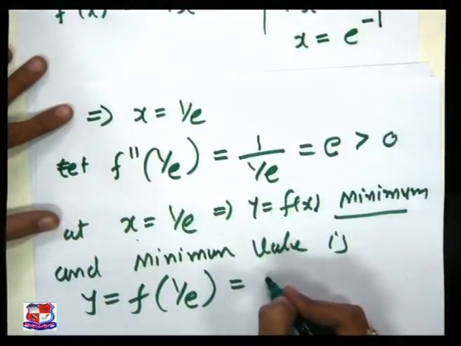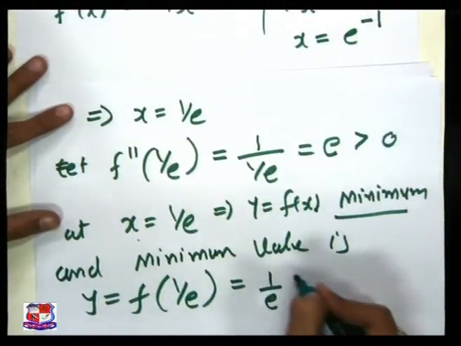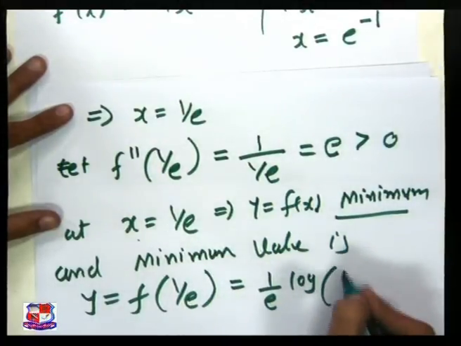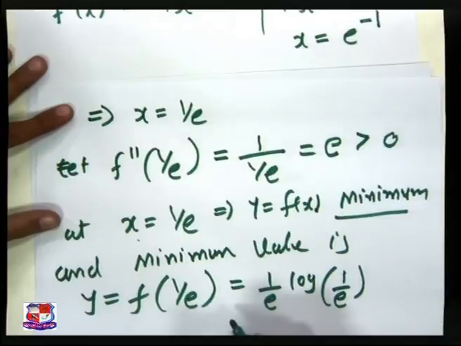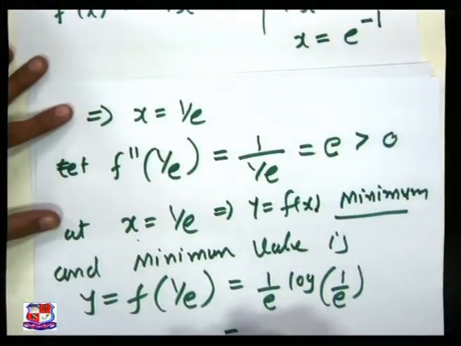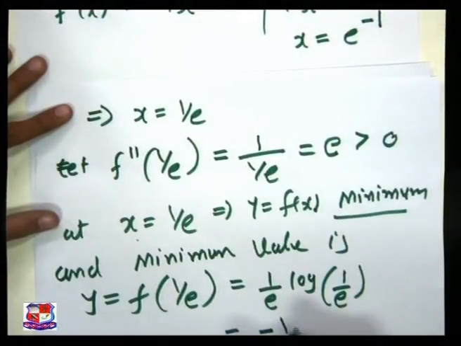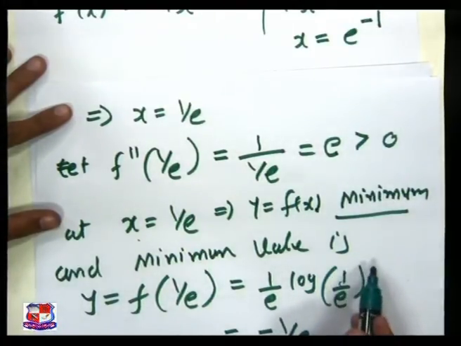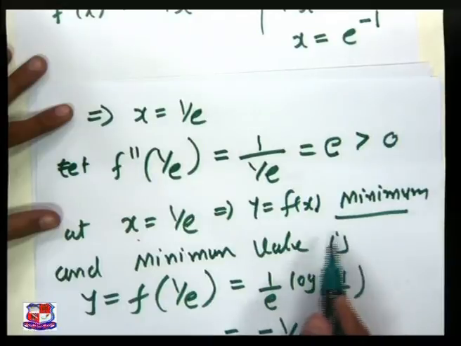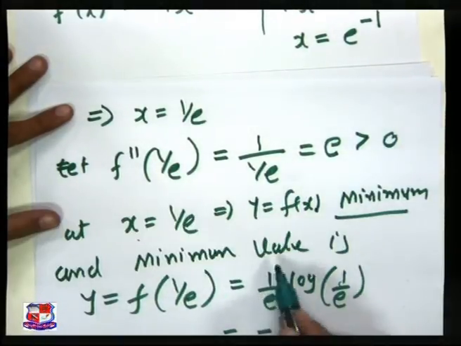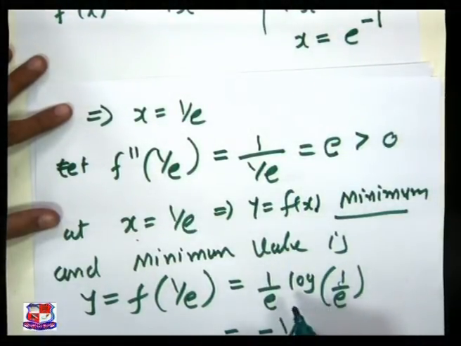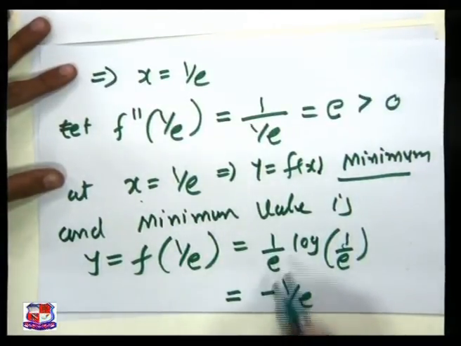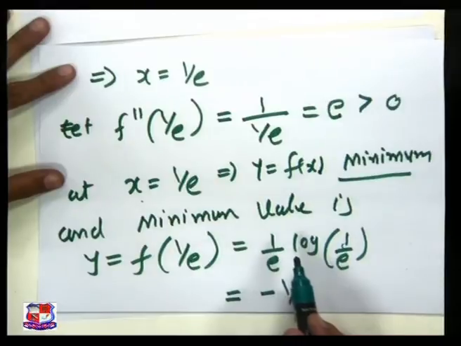So x is equal to 1 by e, and log 1 by e is equal to minus 1, because 1 by e is e raised to minus 1, right? So minus 1 will come out here, so that is minus 1 upon e, and log e base e is equal to 1. So our answer will be minus 1 by e. This is the minimum value of this function, right?